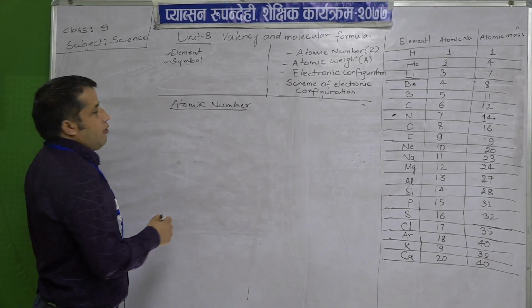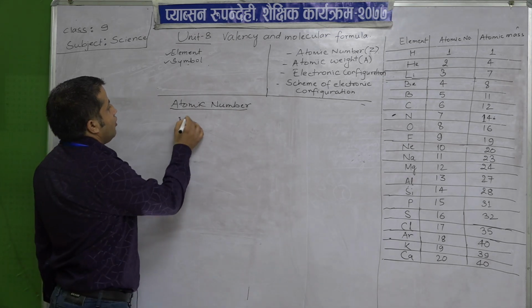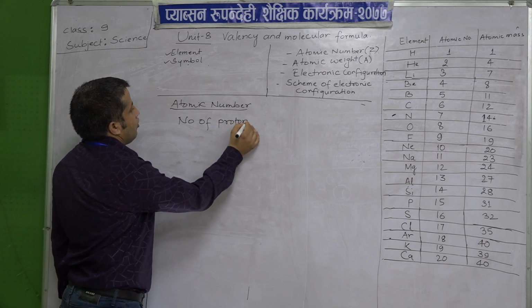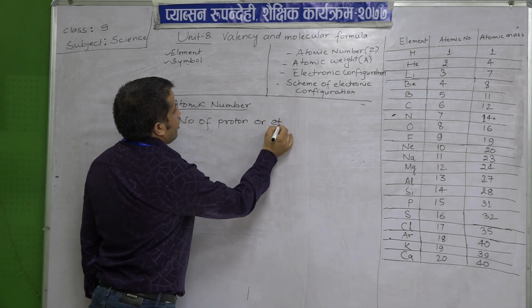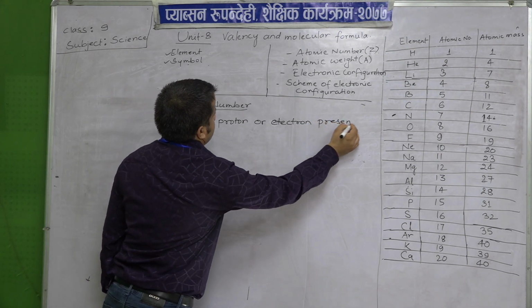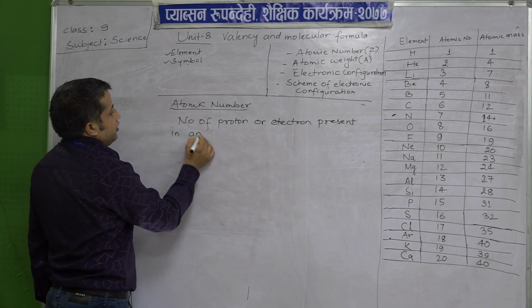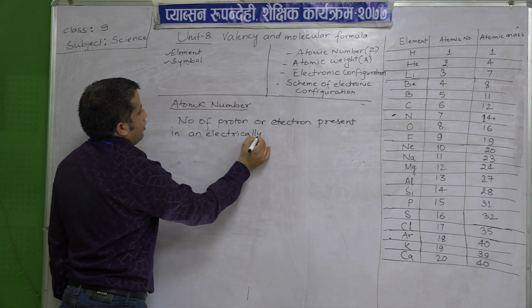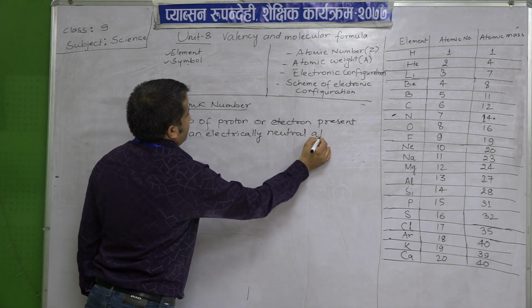Atomic number can be defined as the number of protons or electrons present in an electrically neutral atom.